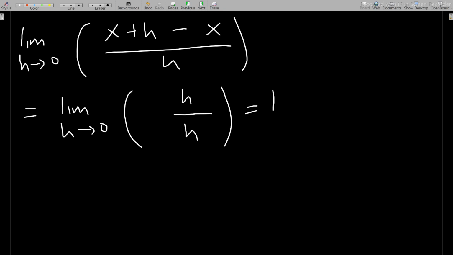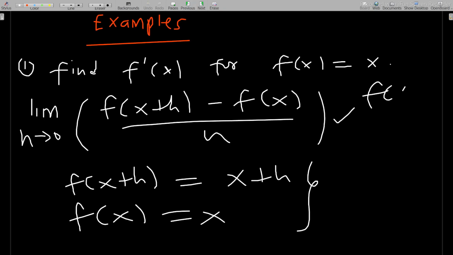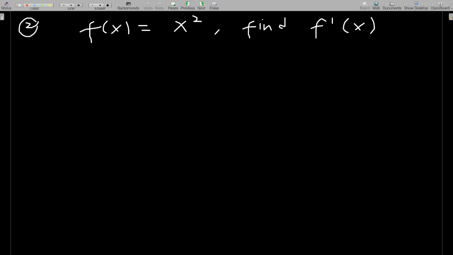So I'll have the limit as h approaches 0 of 1. We said the limit of a constant is still equal to that constant, so the derivative, which is f prime of x, will be equal to 1. And indeed, if you use that method, you get 1, for the function f of x equals x. So you know the derivative of this. Let's keep it in mind, and let's go to x squared.